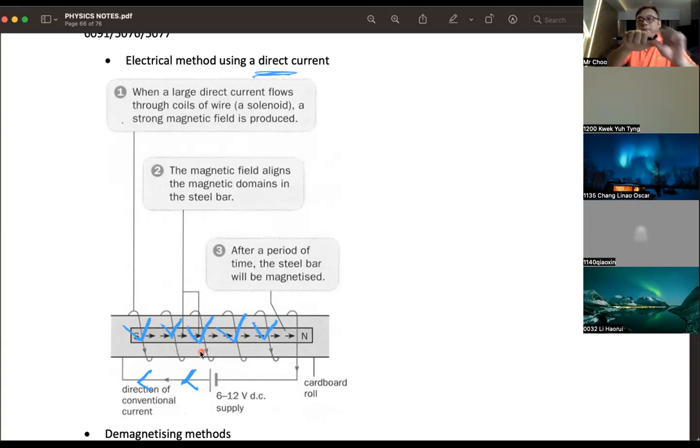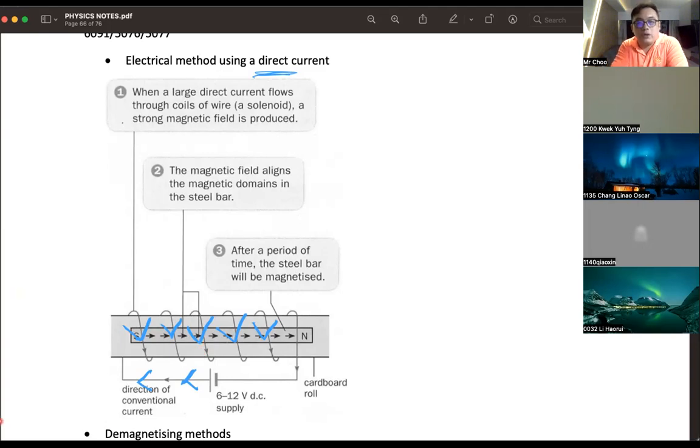Then you grip your item, and your thumb will be your north pole. If the current goes from front to back, you grip your material, and your thumb points, in this case, to my right, which is your left. My thumb direction is the north pole.